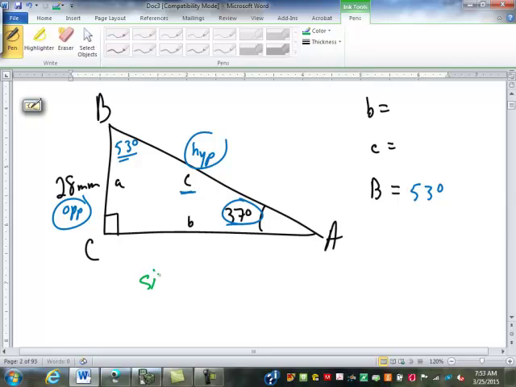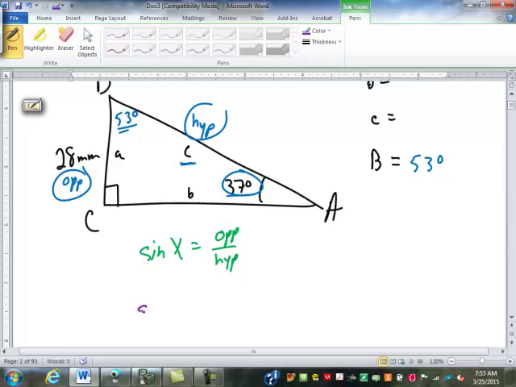So I'm going to write out the definition. Sine of an angle equals opposite over hypotenuse. And now I'm going to fill in my information. Do I know the angle? 37 degrees. Do I know the opposite side? 28. Do I know the hypotenuse? No, that's what I'm looking for. That's C. Now again, the question comes up.